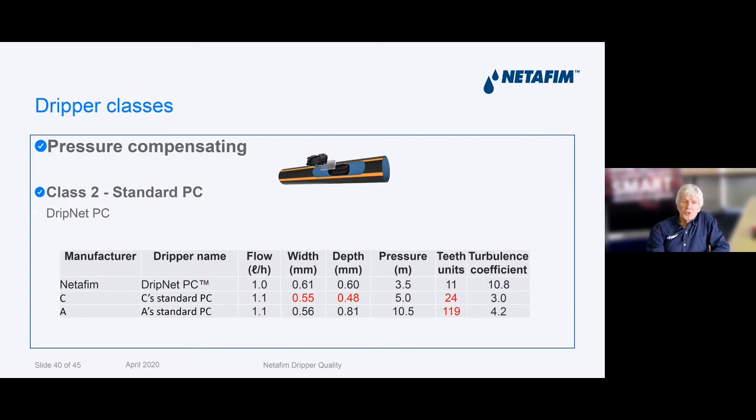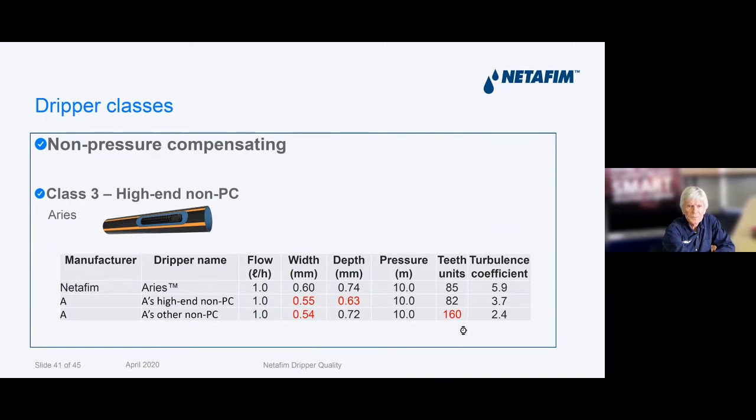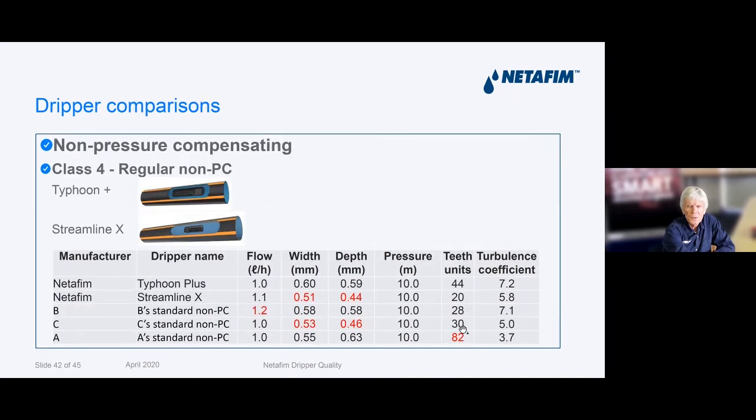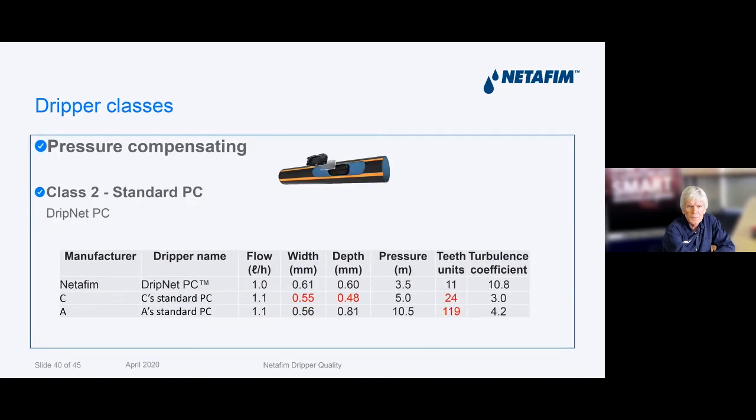Then if I take DripNet PC, the 1 liter DripNet PC has got a turbulence coefficient of 10.8, and manufacturer C, their one comes down, the turbulence coefficient comes down to 3. And why is that?